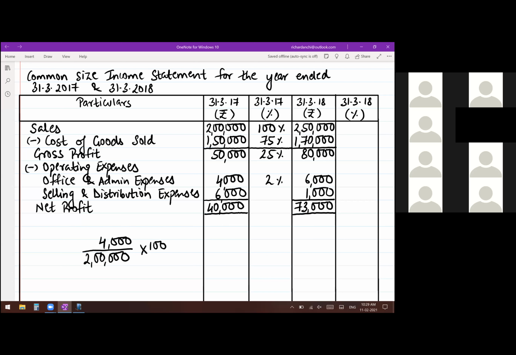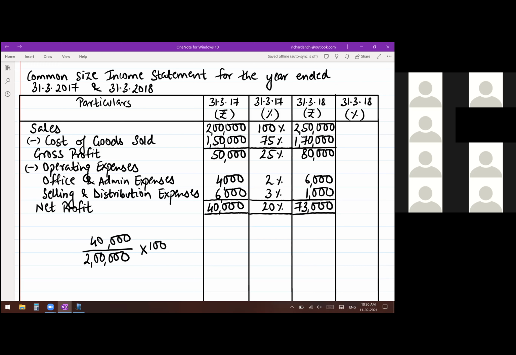Then the next is selling and distribution, which is 6,000 divided by 2 lakhs into 100. 3%. And then the last, net profit, 40,000 divided by 2 lakhs into 100. 20%.